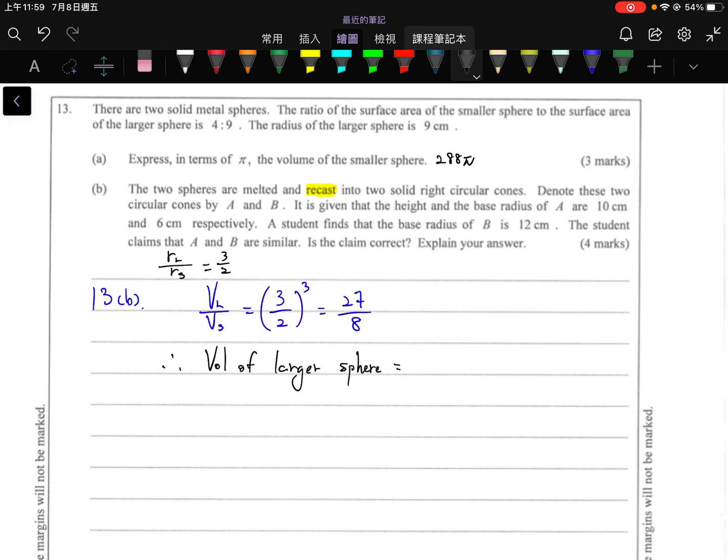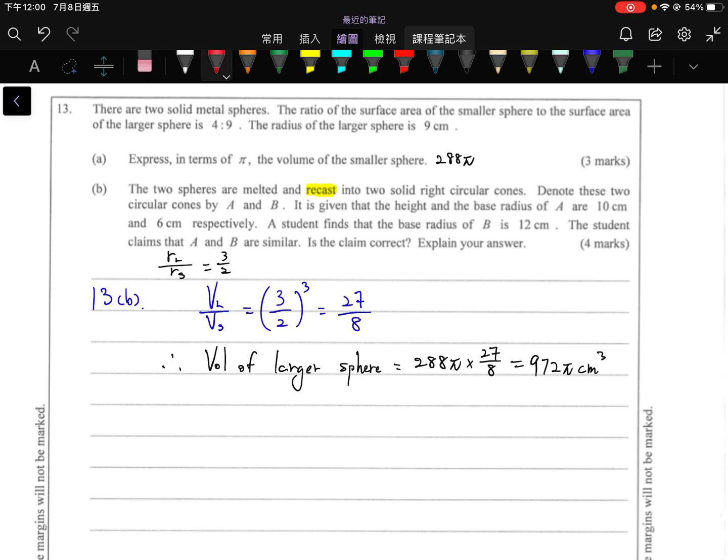That will be equal to 288 pi divided by 8, and then times 27, and the result will be equal to 972 pi cm cube.